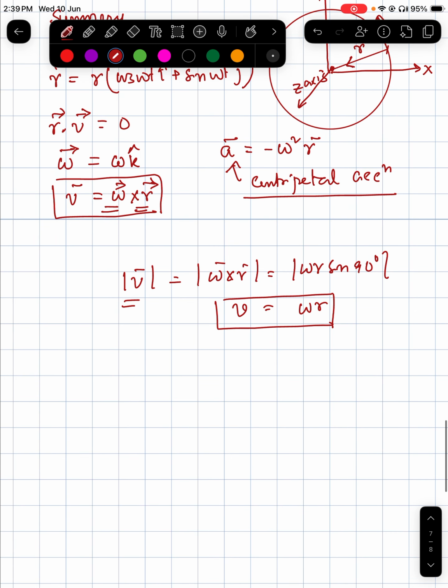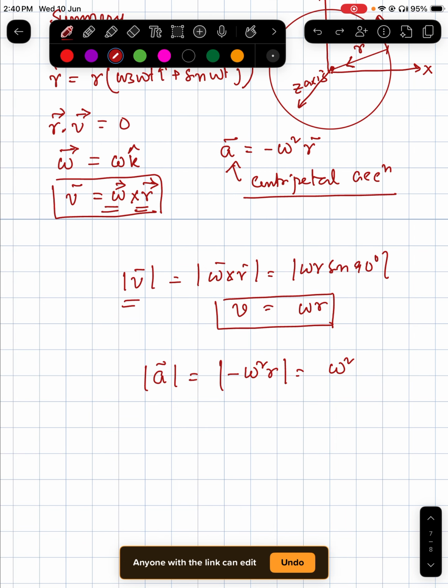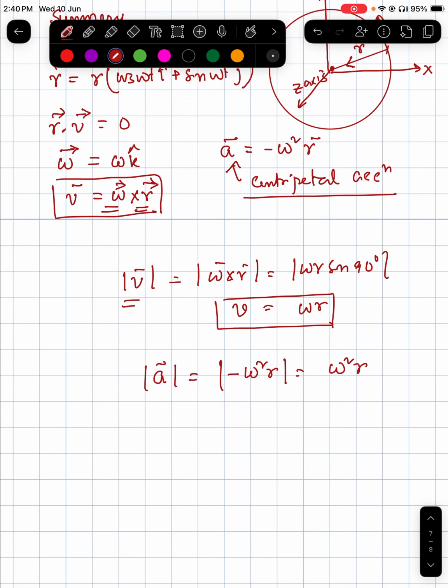And if I consider the magnitude of the acceleration, that is the magnitude of minus omega square r, so mod of omega square r. If I write omega from here as v by r and put it here, we find it becomes v square by r.